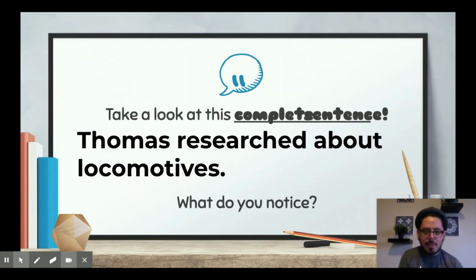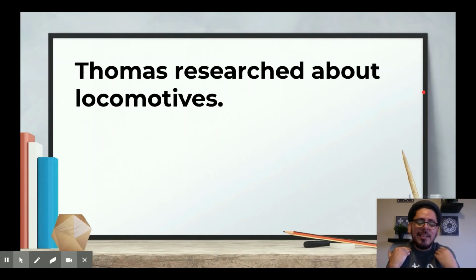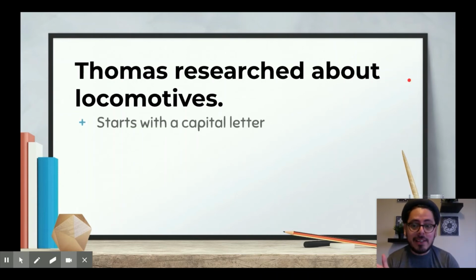Okay, I guess you're back. So what do you notice about this sentence? Let's check it out. Thomas researched about locomotives. Here we go. Here are my 2 cents. I'm not really giving you 2 cents. That's an idiom saying, here is my opinion. Check it out. First of all, what I've noticed is that it starts with a capital letter, as good sentences should.